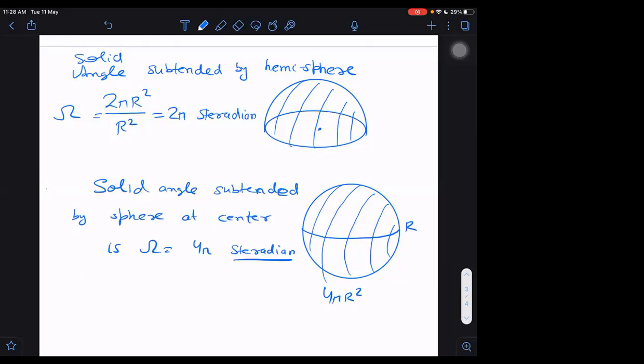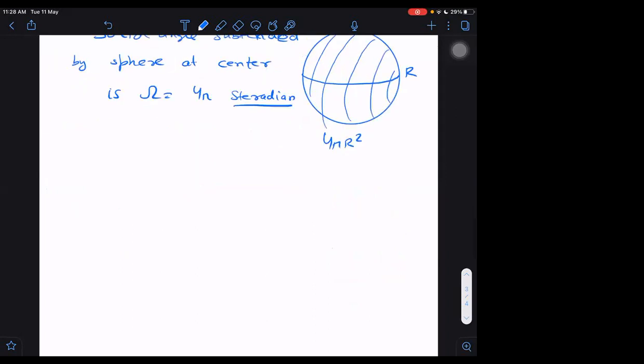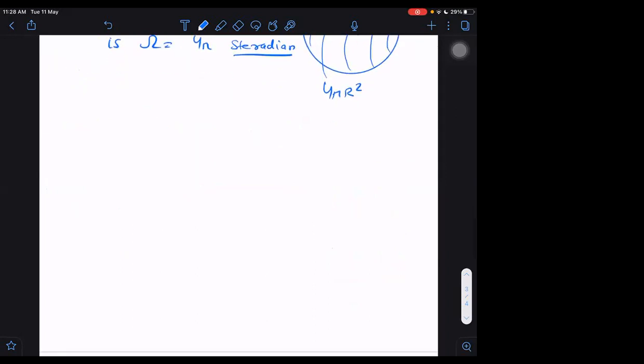Another example. Let us take another example. It will be somewhat more difficult, but you can do it, I think. Take a cube.